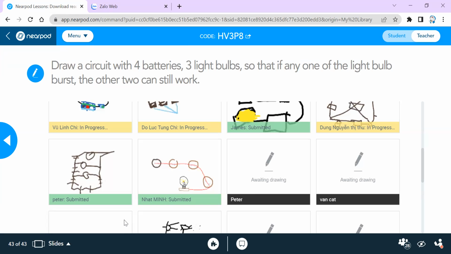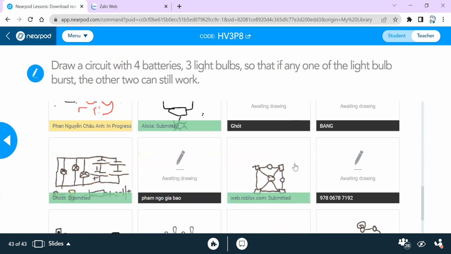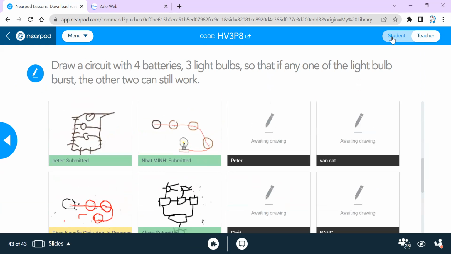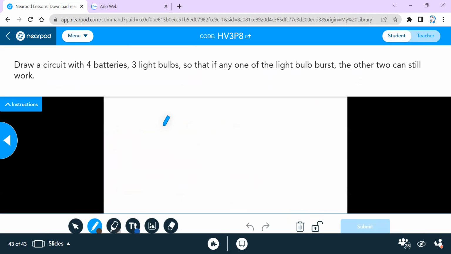Yes, Mian. Can you teach everyone how to draw in the scientific way, if possible, because this place is for kids to draw. All right. Okay, you can look at my screen now. So how do we draw the scientific way of a circuit? But before that, I think some of you are still doing.